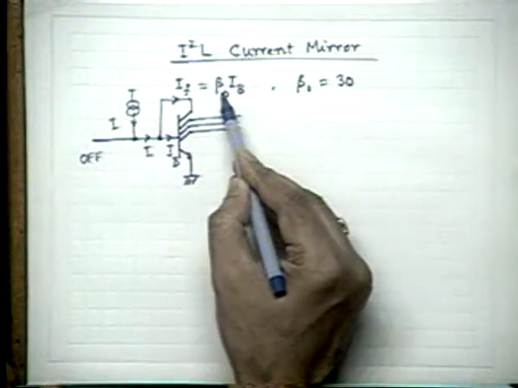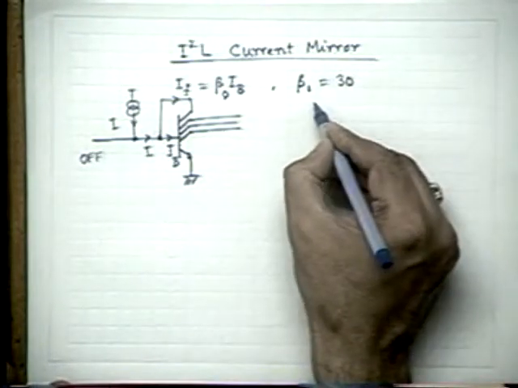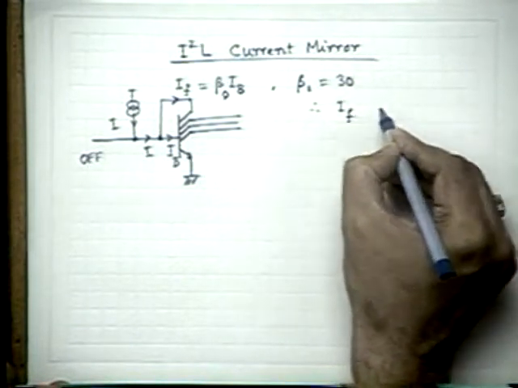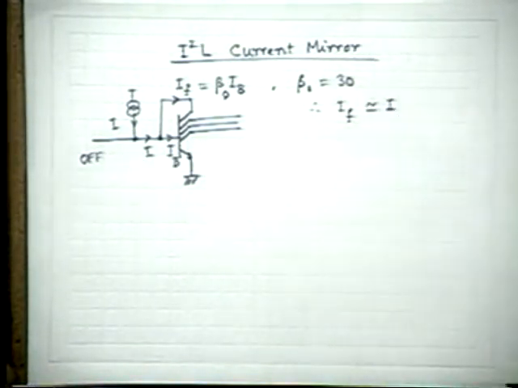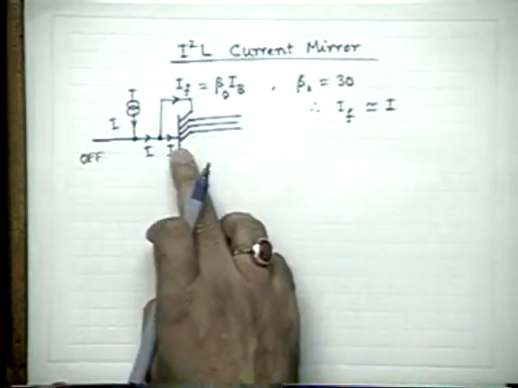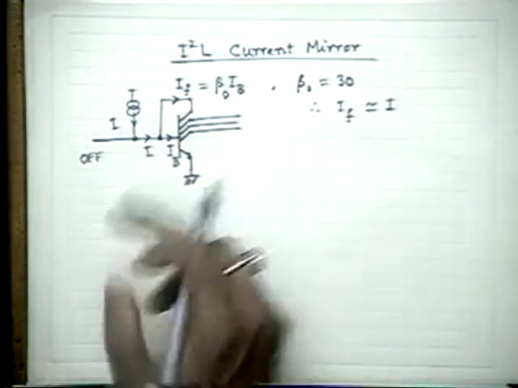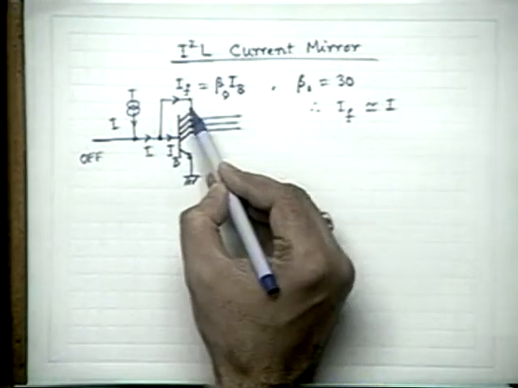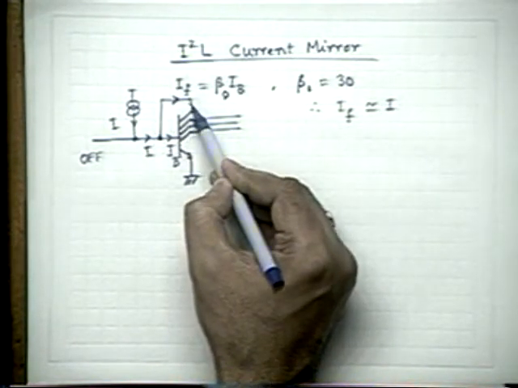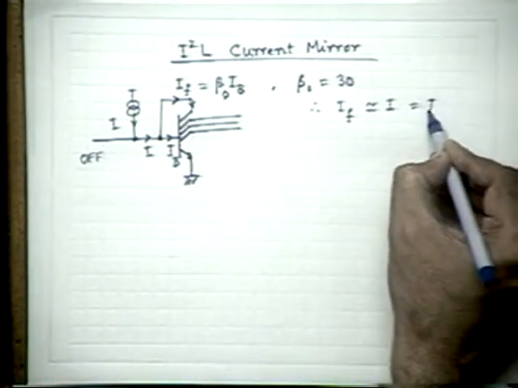So what is going to happen now? Because IB is very small compared to IC, practically IF is practically equal to I. Base current will be negligible, 1/30th of IC.